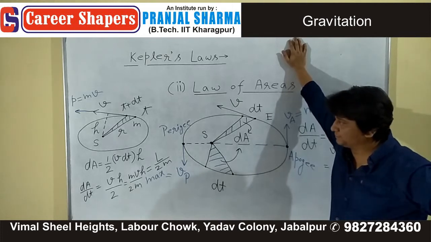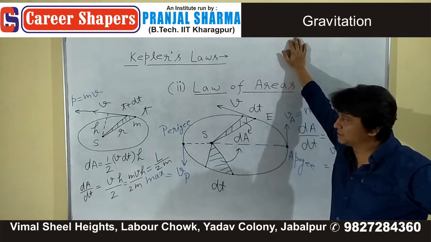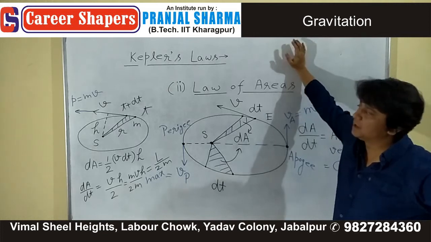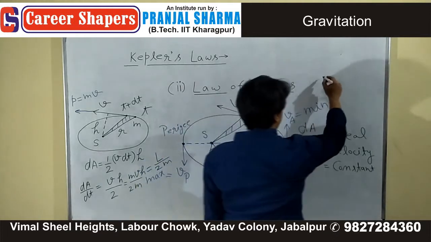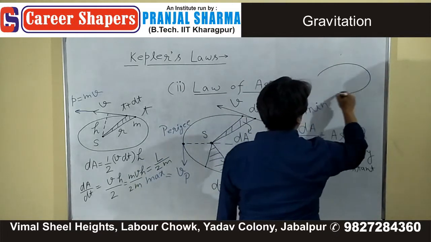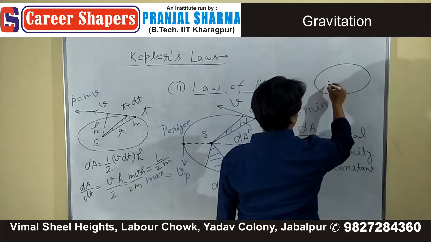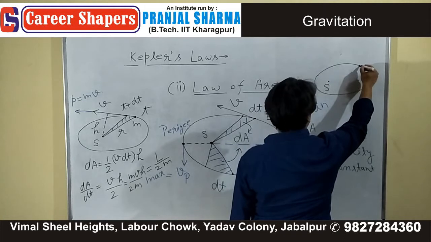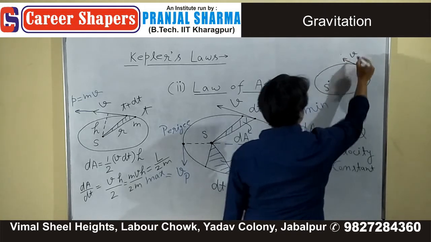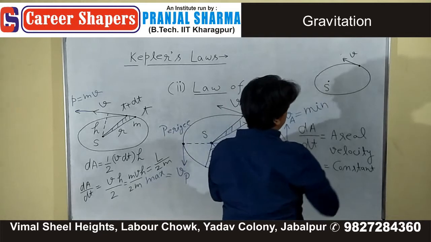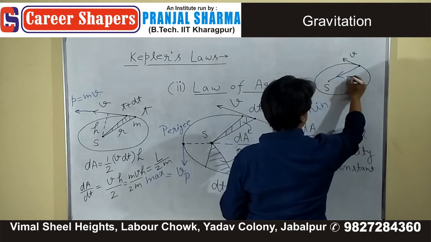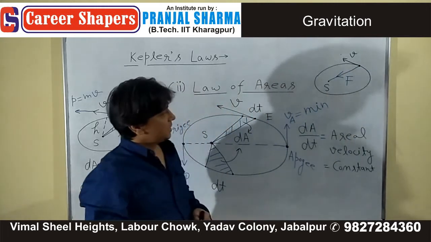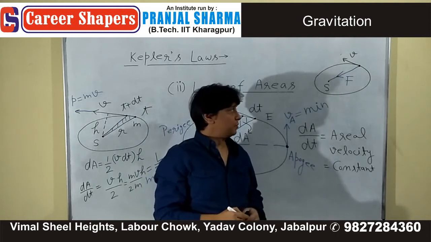Next line. As the gravitational force of the Sun on any planet passes through the Sun itself, its torque will be zero.